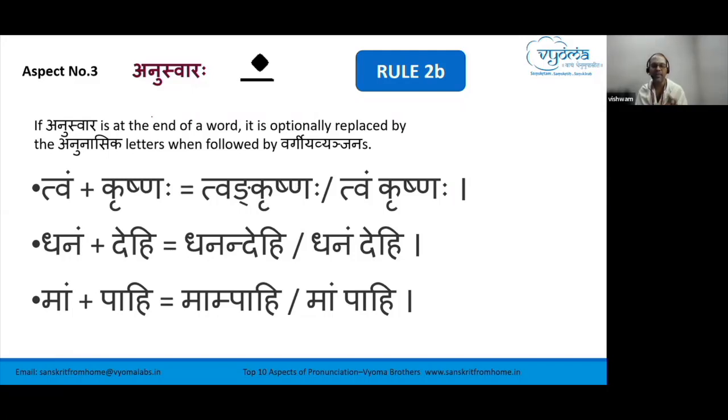Show the difference in pronunciation between these 2 options. In the first one, it says Twan, and the second one Tvam. So how should you pronounce the full word now? The first one is Twang Krishna. The second one is Tvam Krishna.